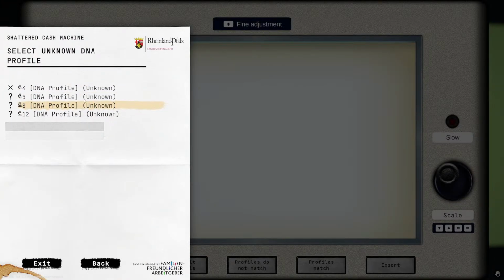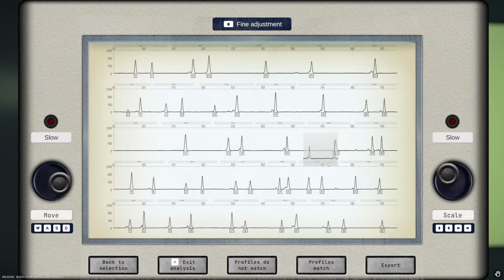Let's check the other profiles here. Okay. This one, both have a spike up and down. They're pretty far apart, too.